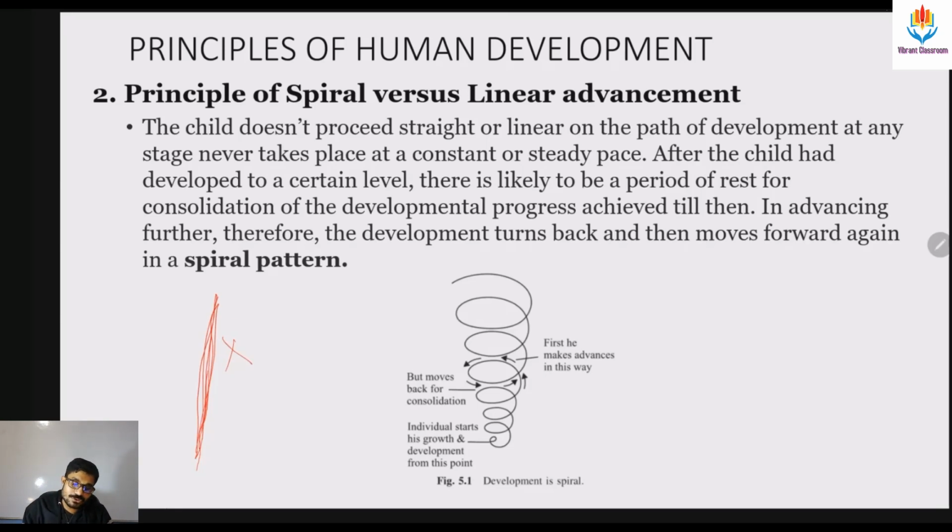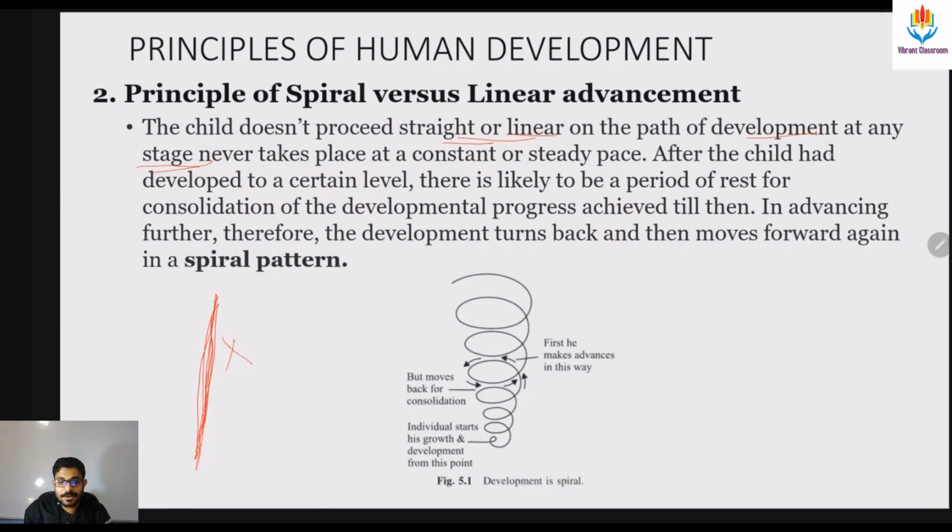That means it does not gradually increase or decrease in a proper manner. The child does not proceed straight on the path of development. Development at any stage does not take place at a constant or steady pace.